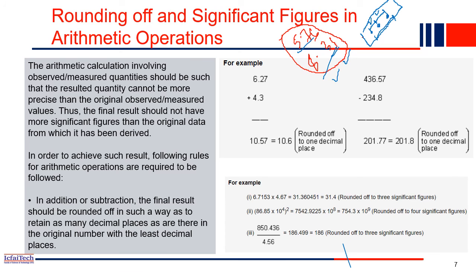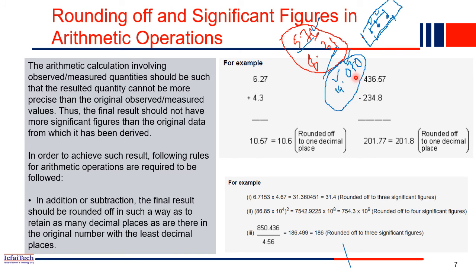For example, it may be 14.07, right? If you add it, it will be 14.07. You should not write 14.070 or something like that, because in the original figure we have 2 decimal points, so in the final figure also it should be 2 decimal points.